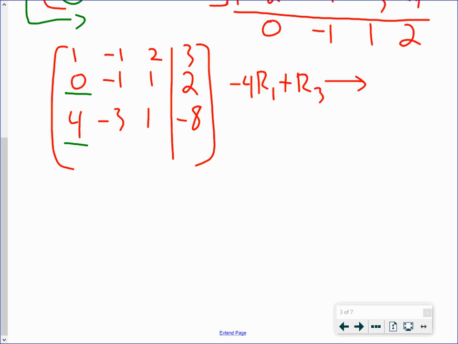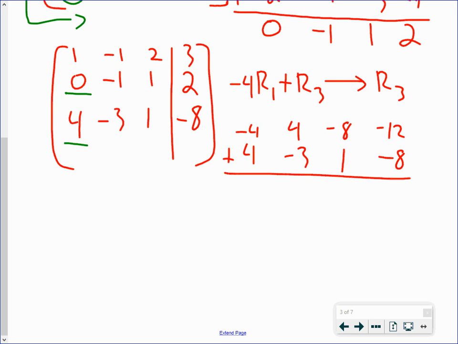And that will replace your row 3. So -4 times the first row gives us -4. -4 times -1 is +4. -4 times 2 is -8. And -4 times 3 is -12. We're going to add that with row 3, which is just 4, -3, 1, and -8.